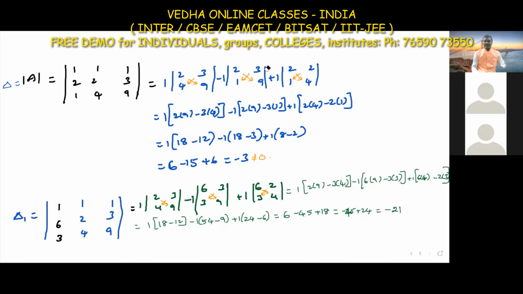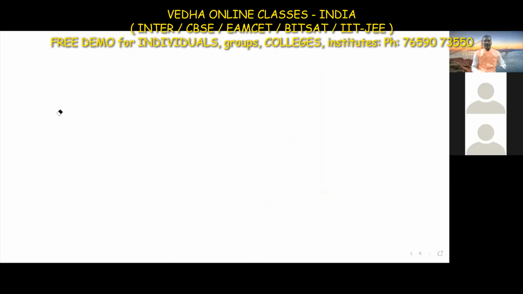After finding this delta 1 value, now we have to find the delta 2 also. How to find the delta 2 value here? It is very simple. Delta 2 is equal to, in the middle we change. First column and third column as is.